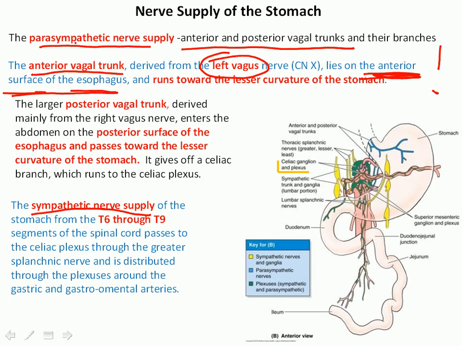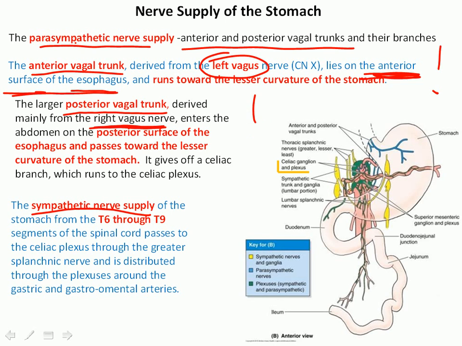The posterior trunk is thicker, although I have to admit it's not so easy to identify on our cadavers. It is derived mainly from the right vagus nerve. After that, it enters the abdomen from the posterior surface of the esophagus and passes toward the lesser curvature of the stomach as well.